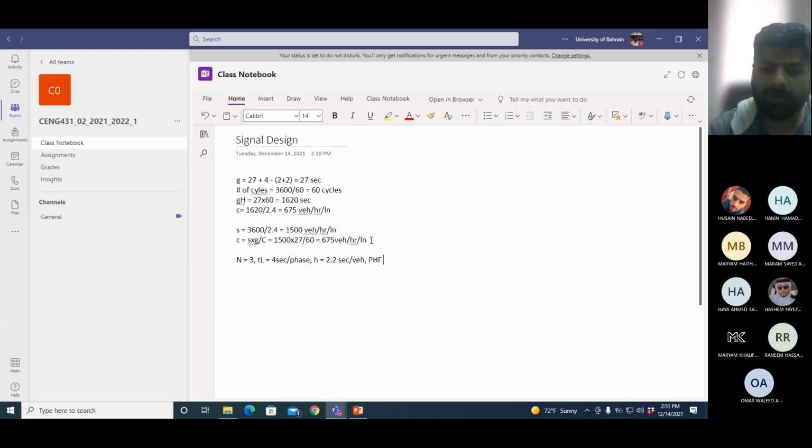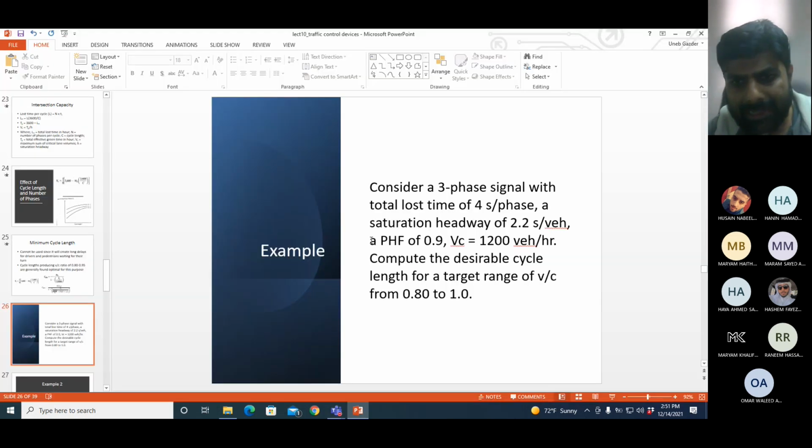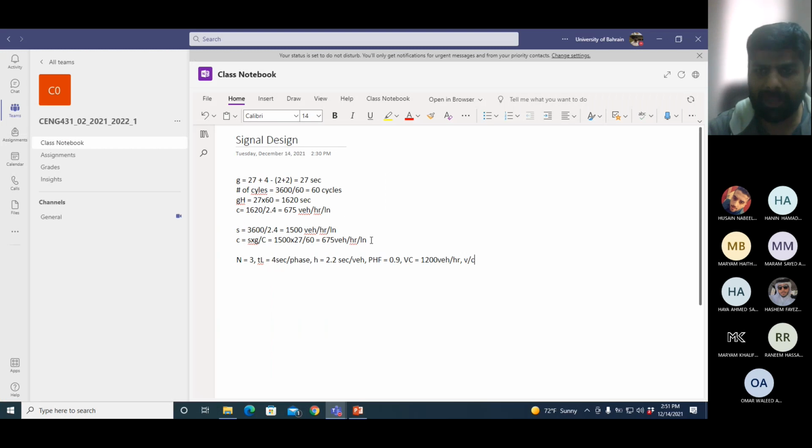Peak hour factor 0.9. The peak hour volume is 1200 vehicles per hour. And V by C ratio, we will try these values: start from 0.8, then 0.85, then 0.9, then 0.95, and then 1.